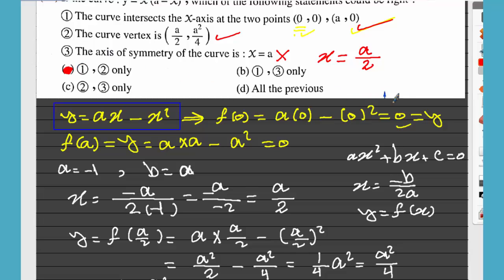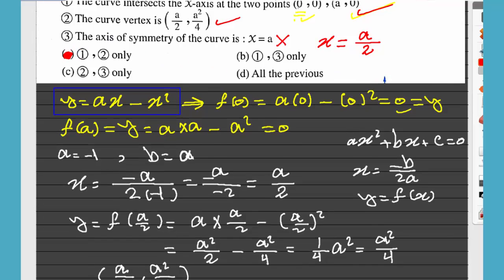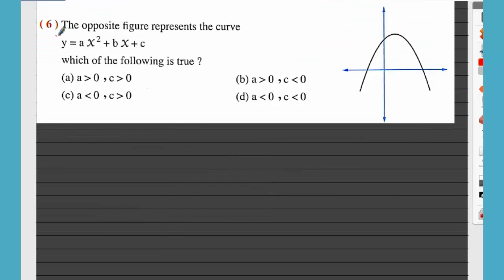Okay, next question. Question number 6. The opposite figure represents the curve y equals ax squared plus bx plus c. Which of the following is true? Okay, back to the standard form.